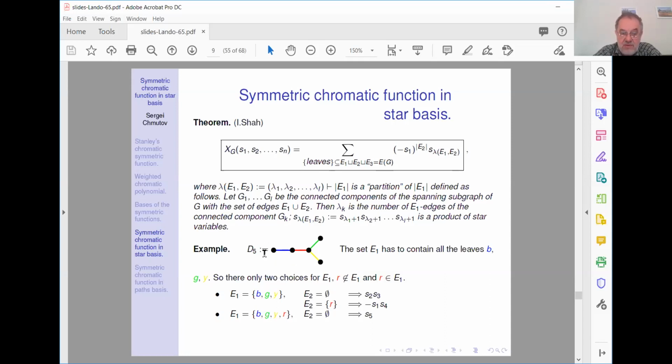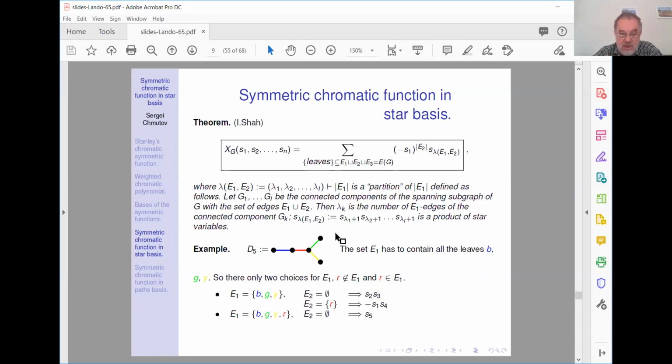That is one connected component, that is another one. And I need to take the number of edges there. There is one edge and there are two vertices, so that is S sub 2. In this connected component, it will be two edges, so three vertices. That is the star S3. Three vertices here. So I will take that product.